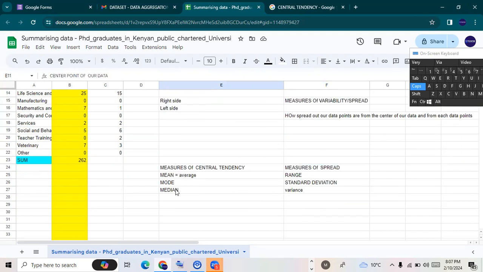Now, the median sometimes can give us a single value, or sometimes it can give us two values. And what do we do? We add them to get a single value as your mean back.